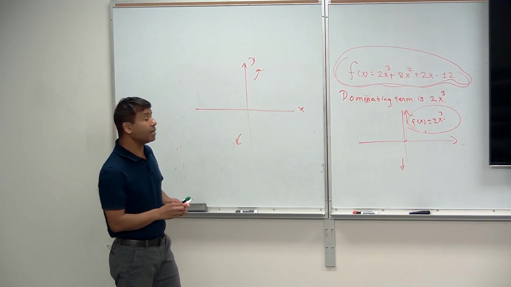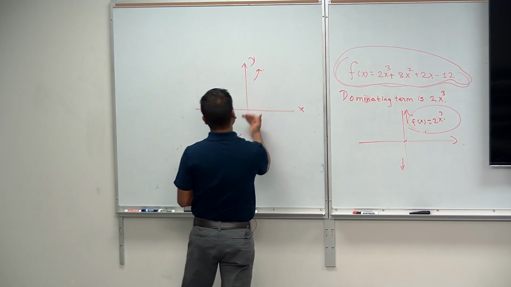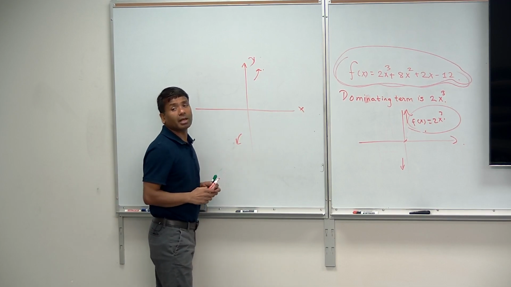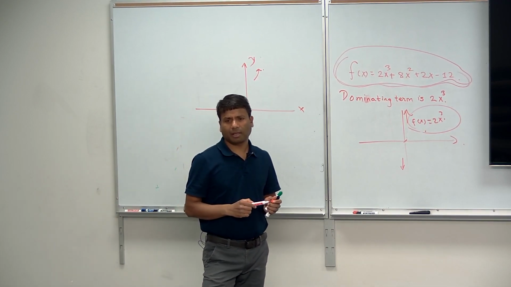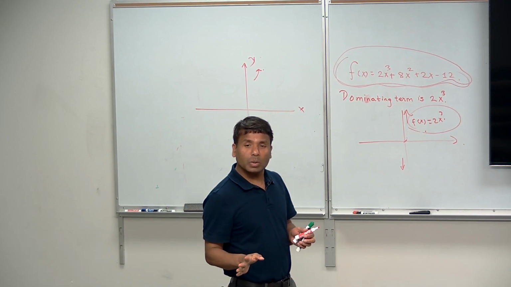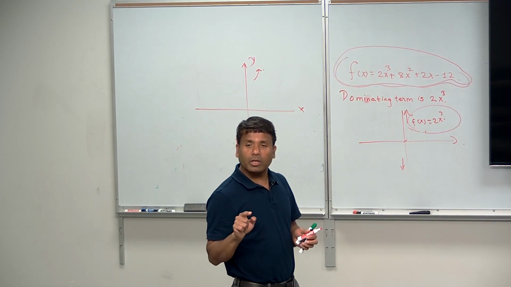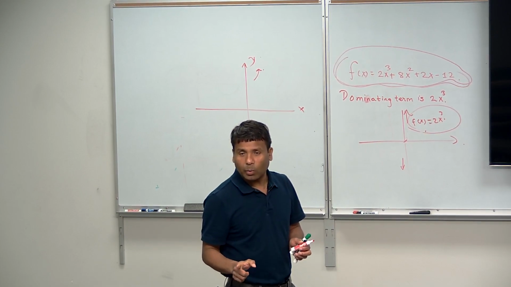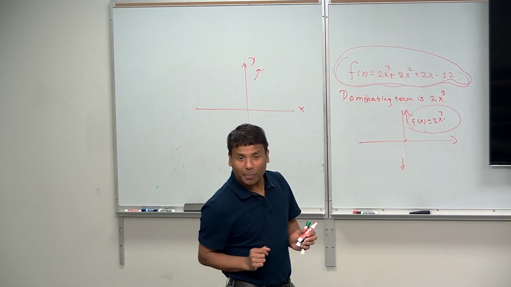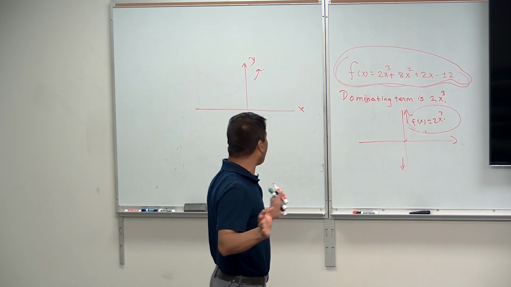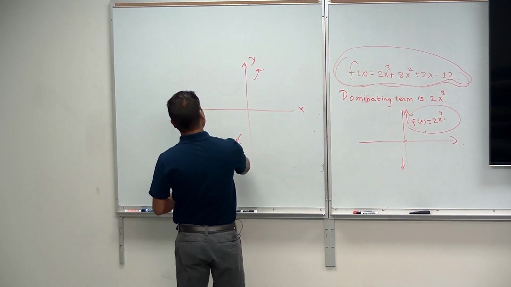That means it rises to the right and falls to the left. That makes sense? So any function which has a dominating term ax to the power n, where n is odd and a is positive, looks like this.